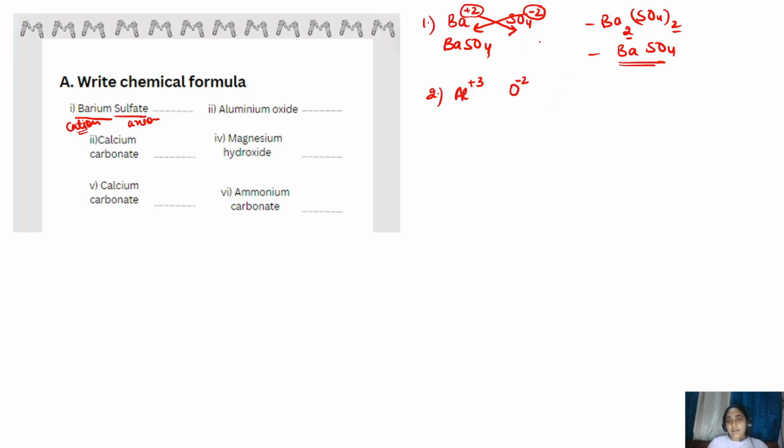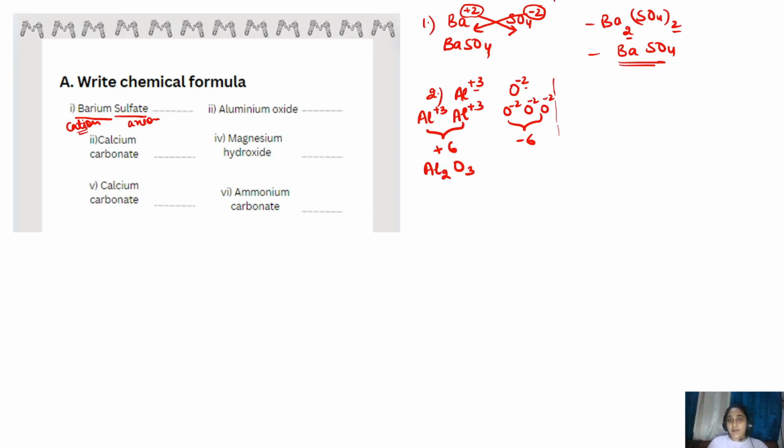How to balance charge? Let's do it the simplest way. There are +3 and -2, so we should balance the charge. If we take 2 aluminiums, the charge will be +6, and we have to take 3 oxygens to get -6. So this is the way to balance a charge. That's why Al2O3 will be our answer.